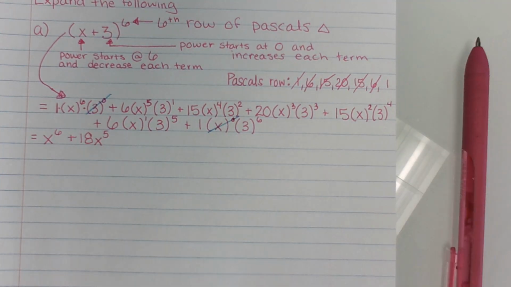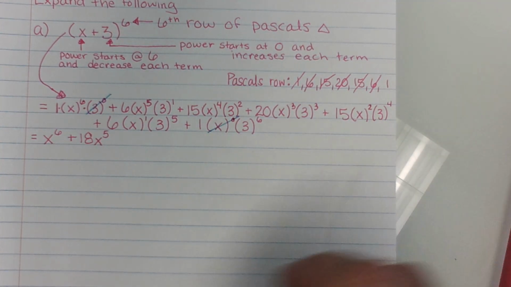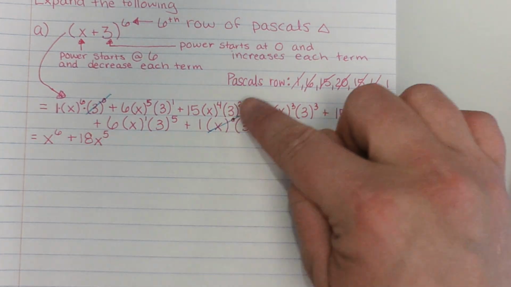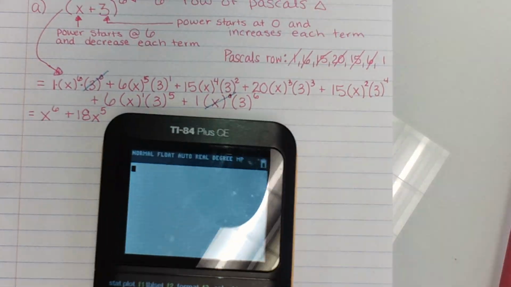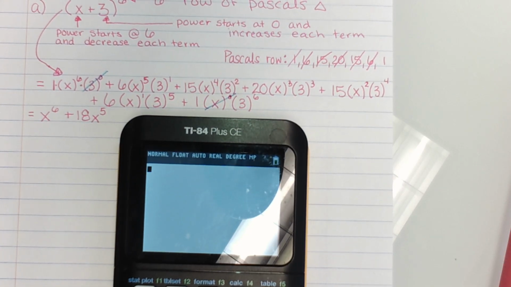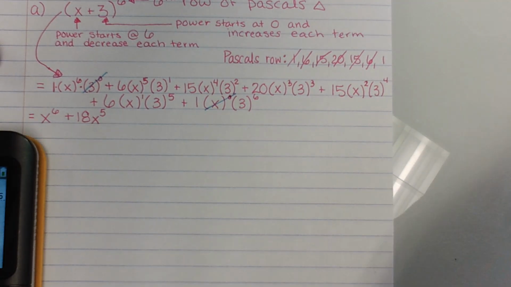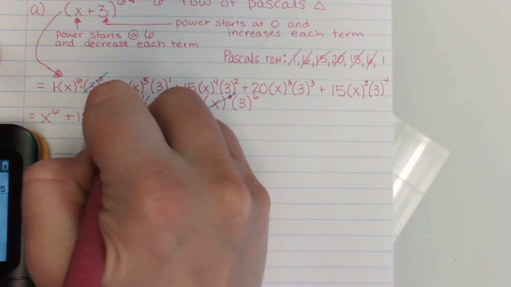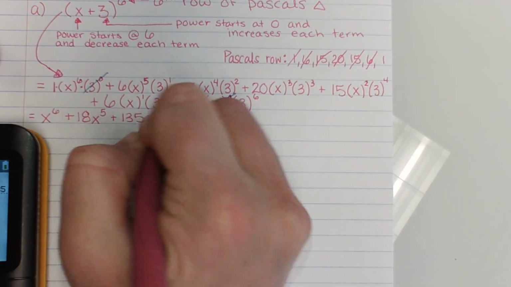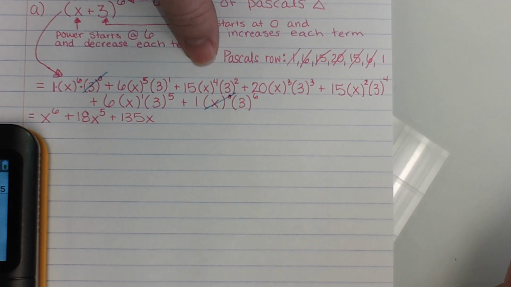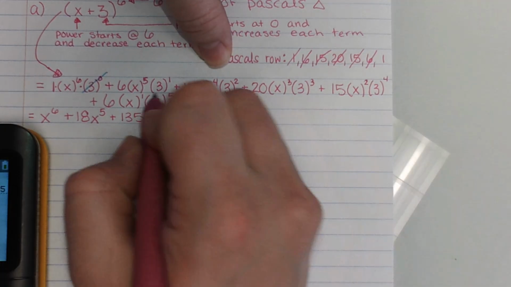Now, you can go through term by term and do the math in your head, or you could just put the numbers into the calculator. 15 is getting multiplied by 3 squared. 135. x to what power is on that term? To the 4th.